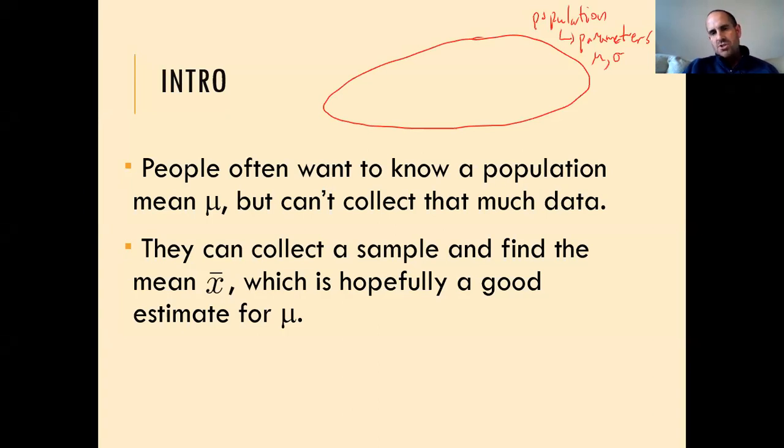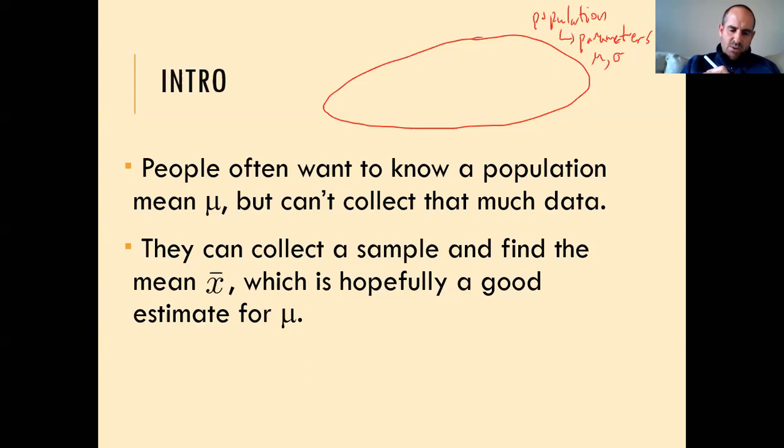So the population mean, population standard deviation, even things like rho, which we discussed in the Prob and Stats course. Rho is the correlation coefficient, but the main thing that we've focused on are mu and sigma.